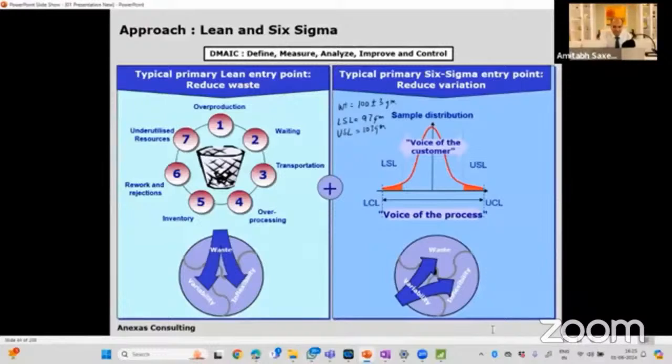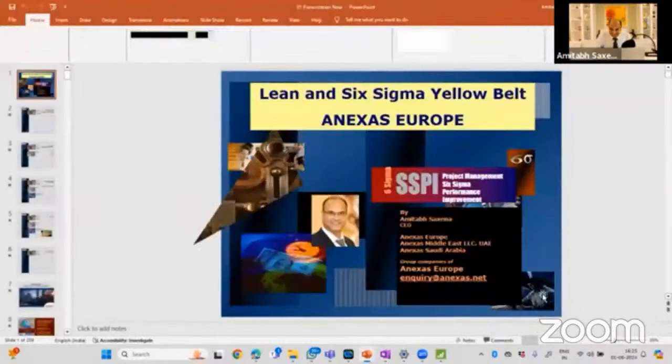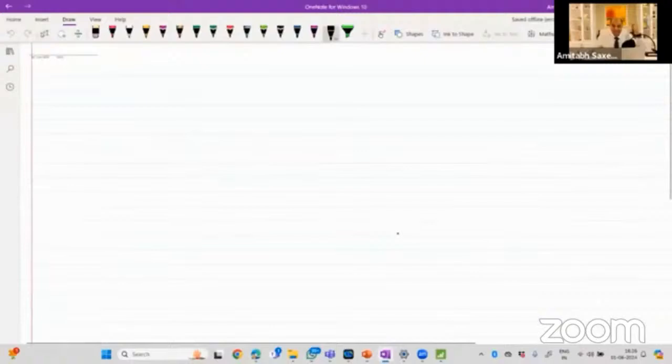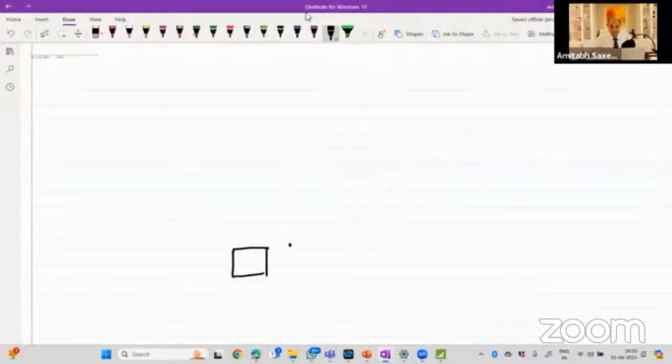And let me first tell you what Lean Six Sigma is. Lean Six Sigma, as I said, is a project approach towards process improvement. You have to develop a systems mindset. What I'm going to do is draw something, and whatever I'm going to draw represents all the organizations of the world.